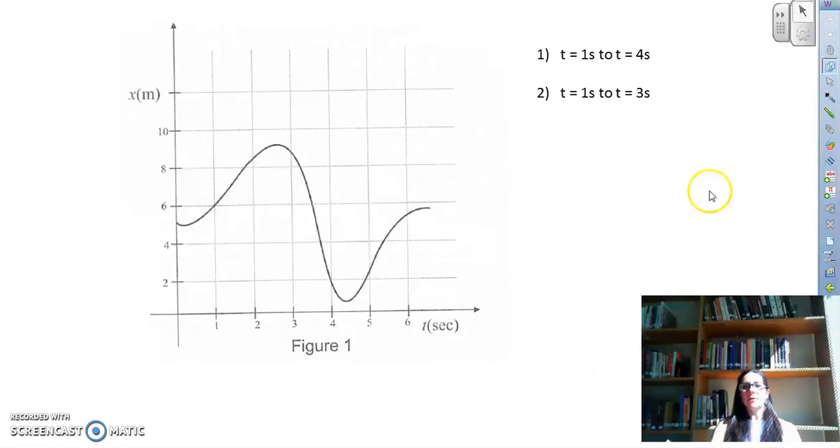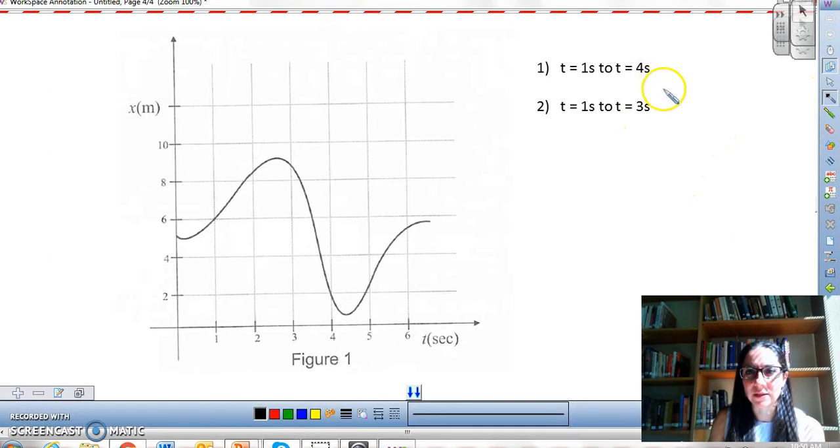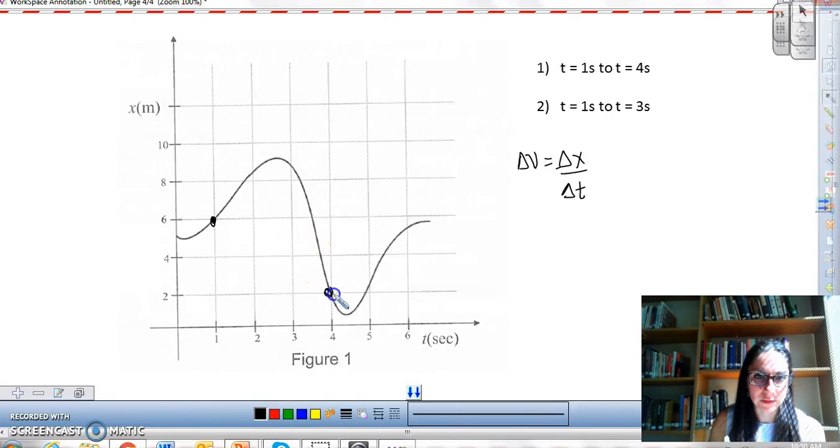Now, when you're calculating velocity, sometimes we might have to take into consideration different times. So watch how velocity changes when we analyze different intervals. Notice here that it says from 1 second to 4 seconds. So let's mark that here, from 1 second to 4 seconds. So these are changes, minus my initial.